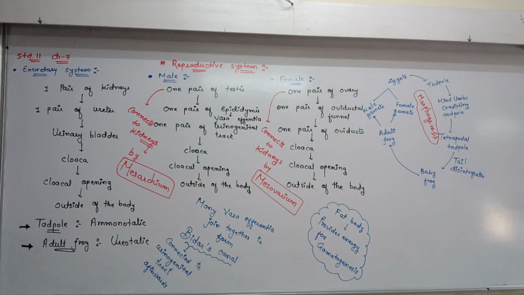Vasa efferentia are 10 to 12 in number that arise from the testes. They enter the kidney on their side and open in the Bidder's canal. So Bidder's canal is a unique feature of the male frog. It is not seen in the female one.